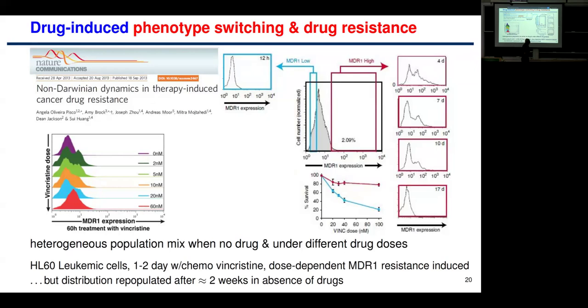This is the amount of expression of this particular protein, these particular pumps, as marked through, I forget how they did the marking. But what's really interesting here is that you have this equilibrium probability distribution that happens in the absence of the drug, in magenta.